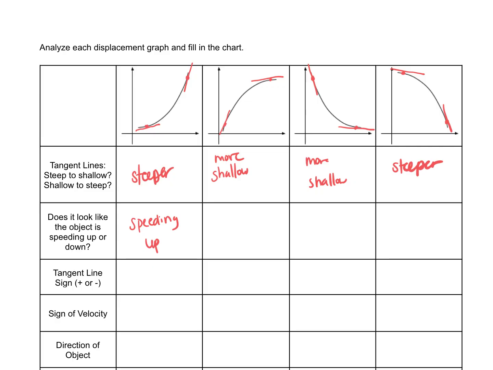Whereas with the next one, it looks like it's coming towards a stop since its displacement in the long term is going to get a little bit more steady, so it's slowing down. And the next one, same thing, it's coming back to the starting point, but it's slowing down because it's approaching that more constant displacement. And finally, the last one, it's coming to the start, but it's speeding up to get there.